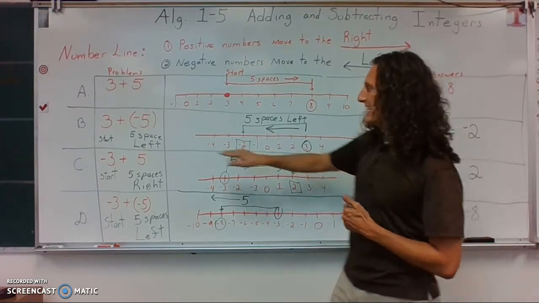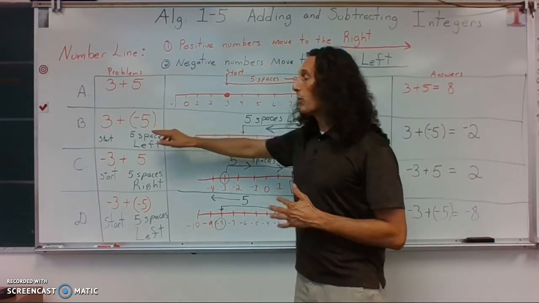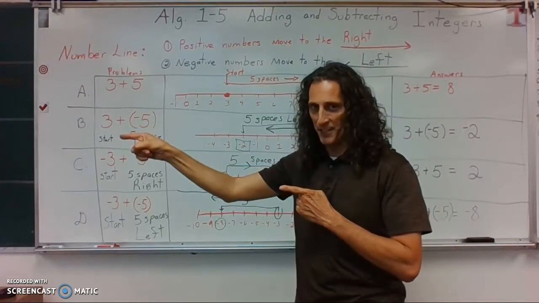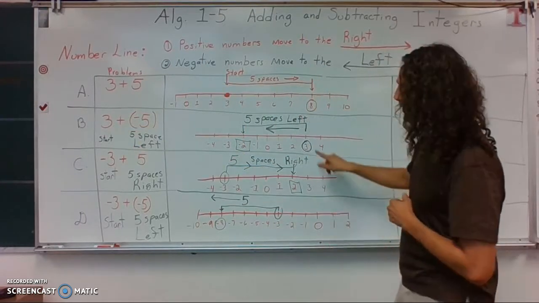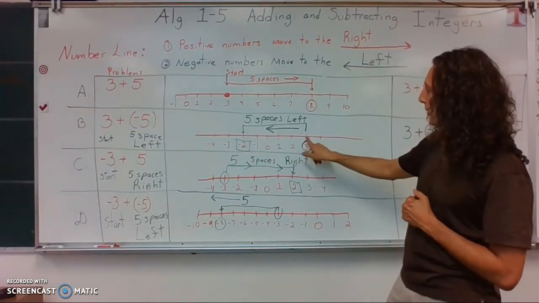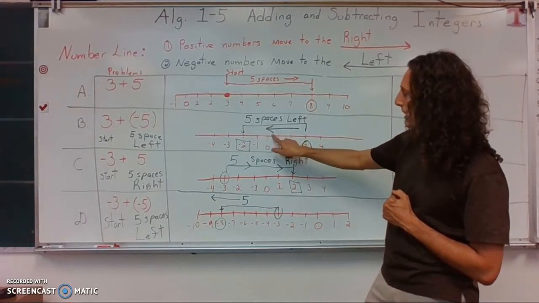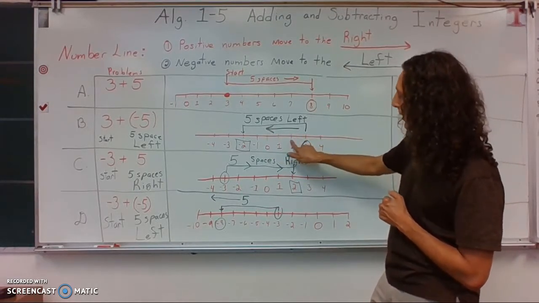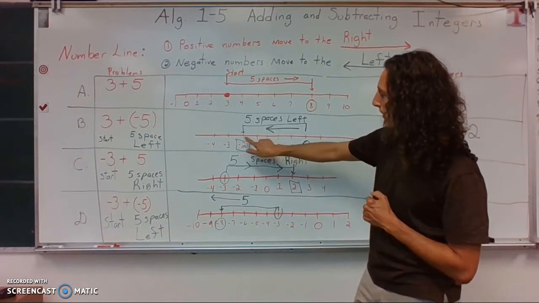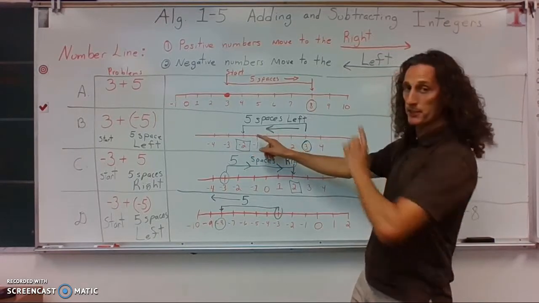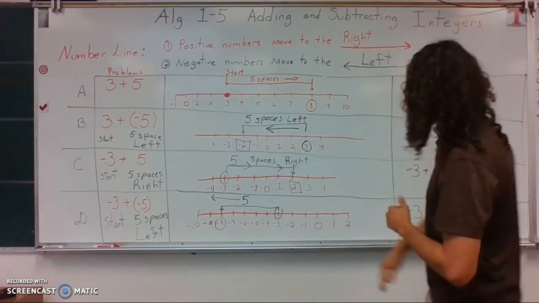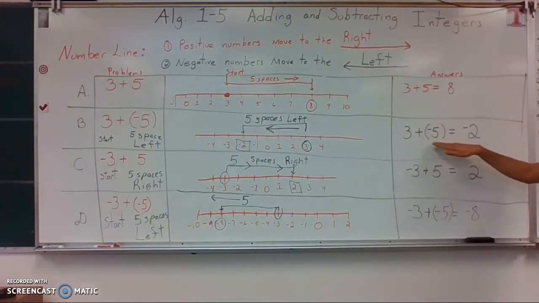But this time, it's a negative 5. Well, negatives mean move to the, that's right, the left. So I start with my 3, and skip count: 1, 2, 3, 4, 5 spaces to the left, and I end up at negative 2. So, there's the problem. 3 plus negative 5 is a negative 2.